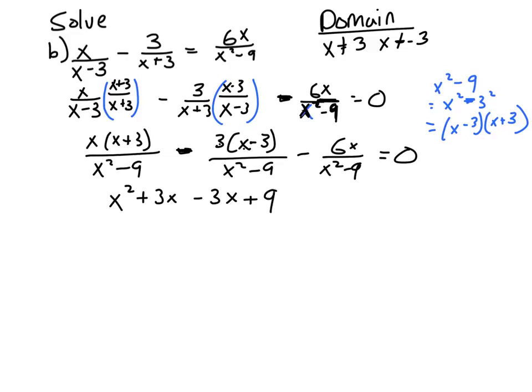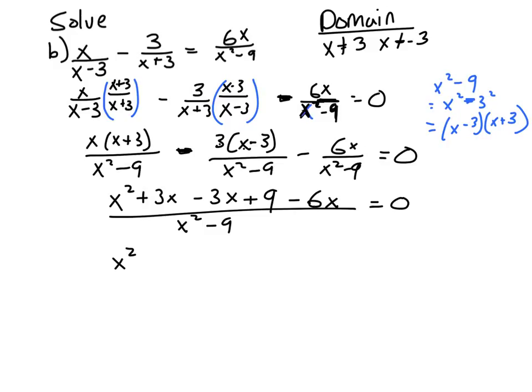So that's positive 9 minus 6x, all that over x squared minus 9. Okay, so we know x cannot equal 3, because the bottom would equal 0, which means undefined, so we really only have to focus on what's happening up top here.